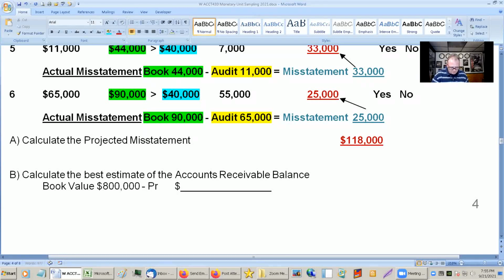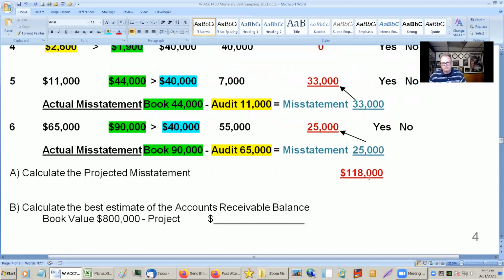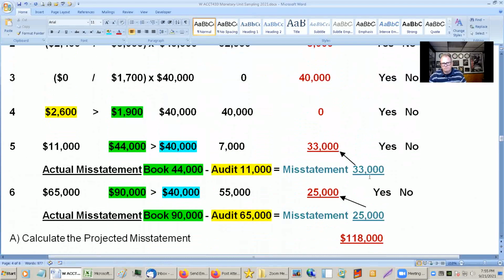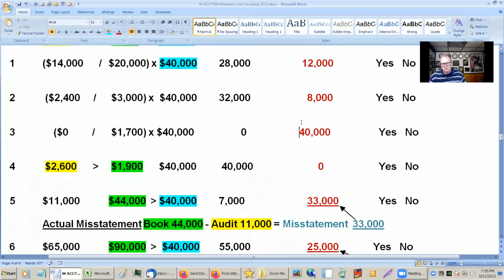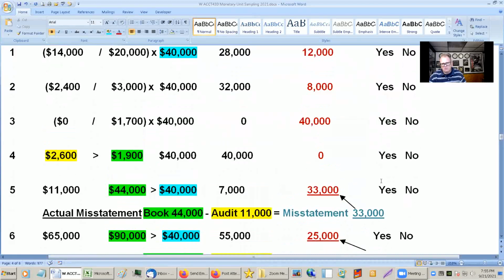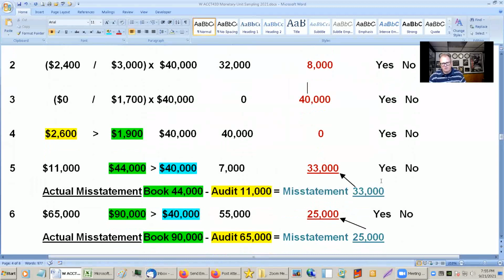Excuse me, when you add everything, I'm getting 88,000. Are you putting the 40,000 in? Yeah, 12,000 plus 8,000 plus 40,000 plus 33,000 plus 25,000. I think it's more. No, it's 118. Yeah, I'm getting 118 too.